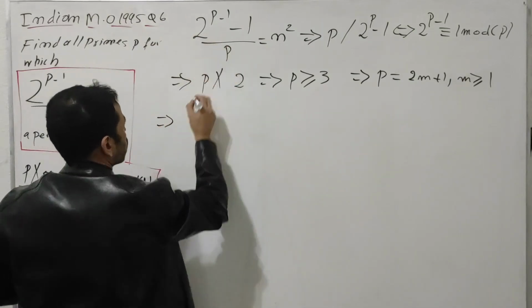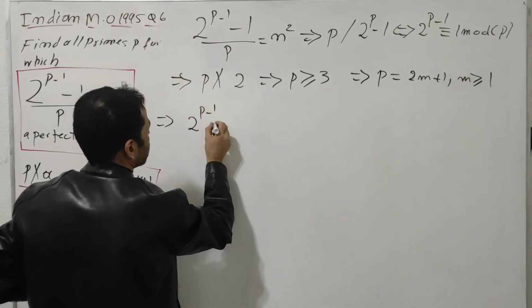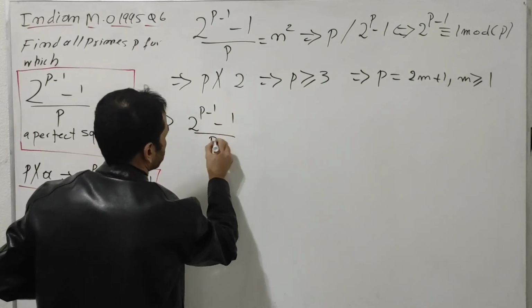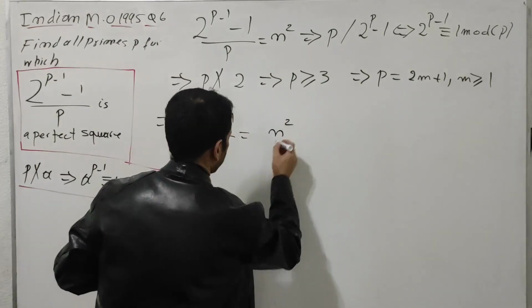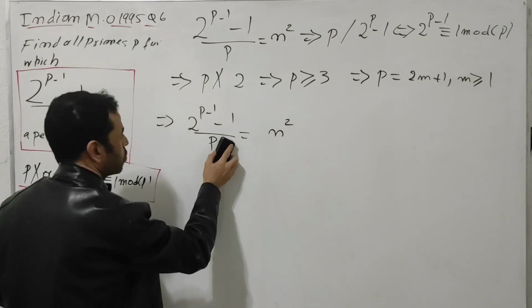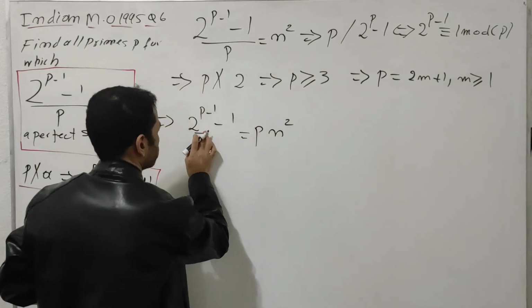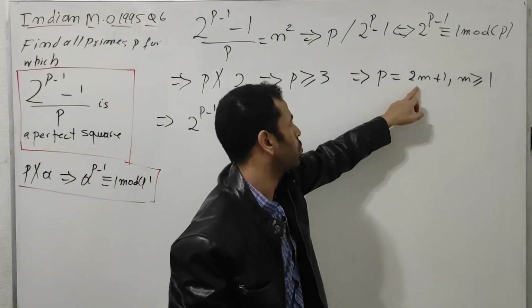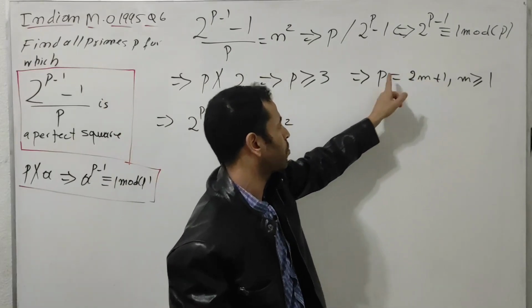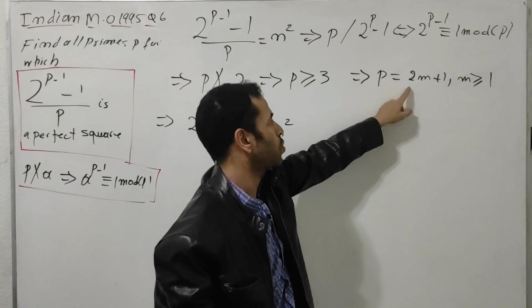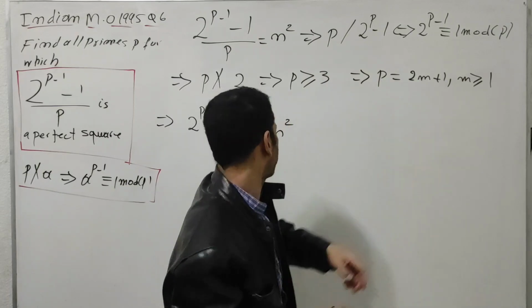So I have this expression: 2 to the p minus 1 divided by p equals n squared. I'm going to multiply both sides by p. Since p equals 2m plus 1, p minus 1 equals 2m, which means p minus 1 is an even number.